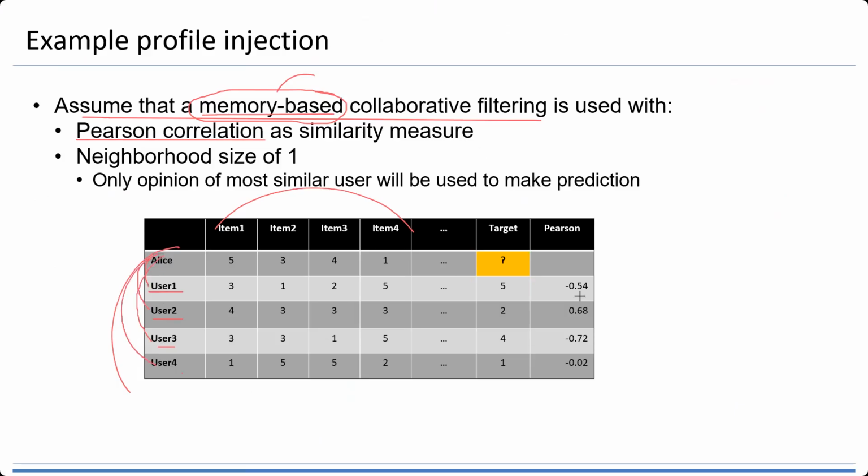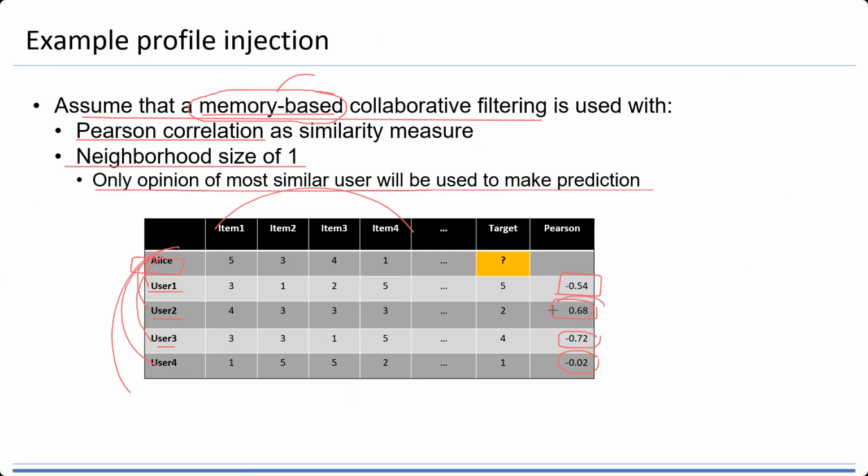Then we can get the Pearson correlations: minus 0.54, 0.68, minus 0.72, and minus 0.02. Let's say the neighborhood size is 1, so I want to find the one user who is closest to Alice. Only the opinion of the most similar user will be used to make the prediction.